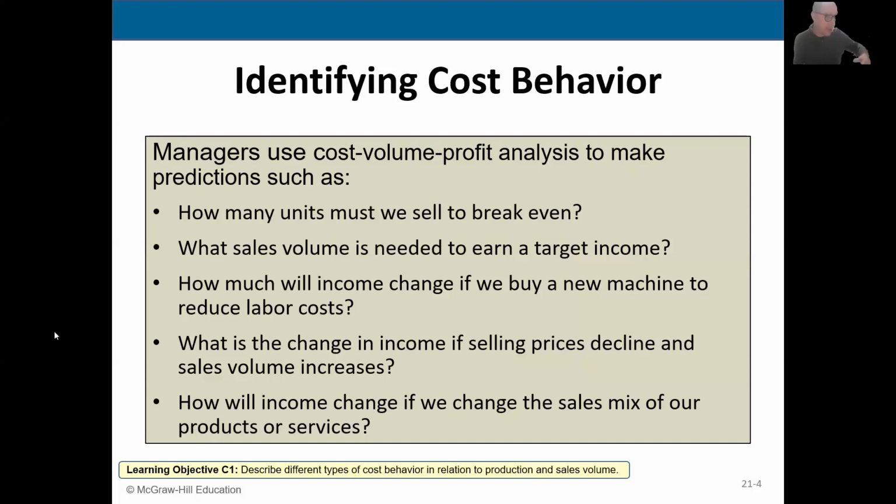Meaning, if I add new products and services to my business to sell, what happens to the change in income? How does it look with multiple products? That's what I'm trying to say. So these are the types of questions we look to answer as managers.